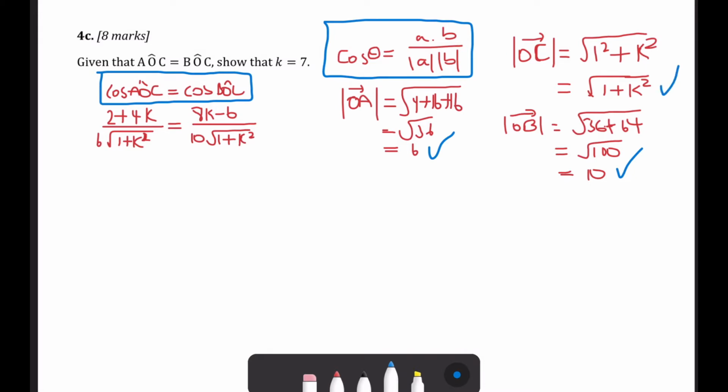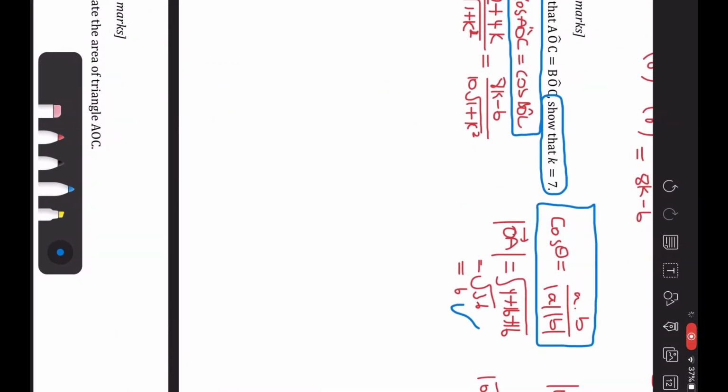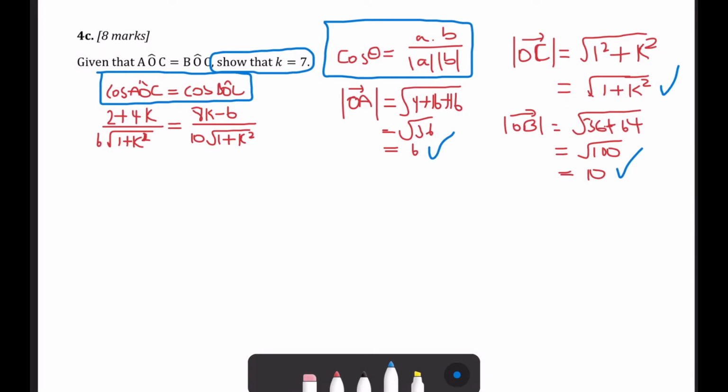Now, what's important to realise is it says that show that k equals 7. You cannot substitute the value of 7 in for k at any point, because the whole point of this is to show that k equals 7. So I'm not going to substitute that 7 in.